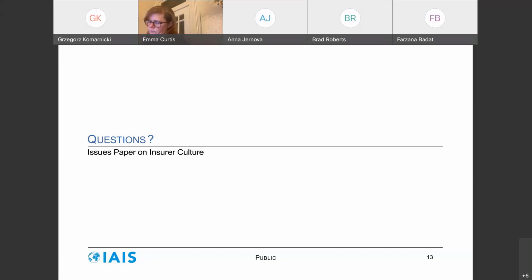The second general question is, are there particular elements of this paper that you're looking for stakeholder, and specifically industry, input on? And finally, a general concern about the subjectivity of the whole issue. I know that we're all trying to figure out how to move forward with a general concept.